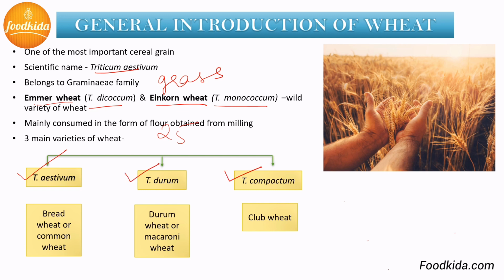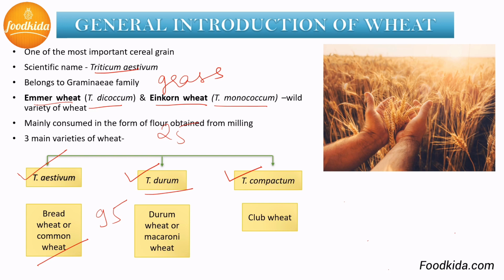Triticum aestivum, commonly known as bread wheat or common wheat, is mainly used in the production of bread, biscuit, cookies, cakes, chapati, and around 95% of production is done in India. Now, second one is Triticum durum. It is the durum wheat or macaroni wheat, which consists of more protein than other varieties, and about 4% of production is done in India.